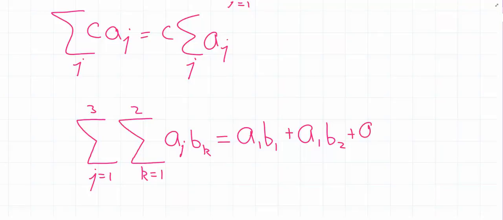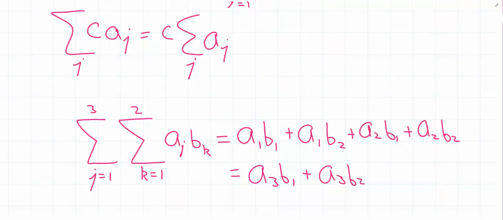So now look what's going to happen. A2 b1, A2 b2. Okay? You'll see that? Now I increment j again, and I get A3 b1 plus A3 b2. Okay? So you can have double sums. You probably won't see that for a long time. If you take Calculus 3, a lot of times you'll see a double sum thrown in there. Okay? Any questions? Okay, so that is just a review about summation notation.